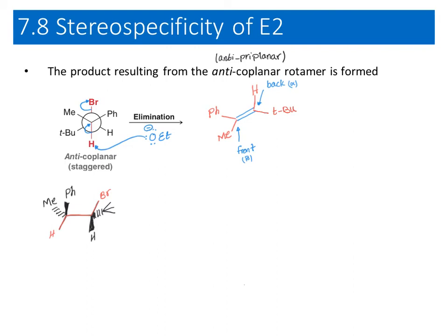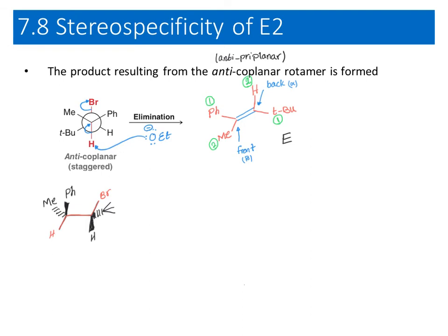Now let's identify E and Z in this product. Phenyl is 1, our top priority, methyl is 2. Here hydrogen is 2, and tertiary butyl is our top priority. So the top priorities are in opposite directions, therefore this is the E isomer, and this is what we expected, that we are only forming one stereoisomer, not both of them.